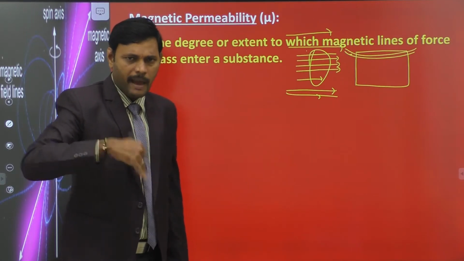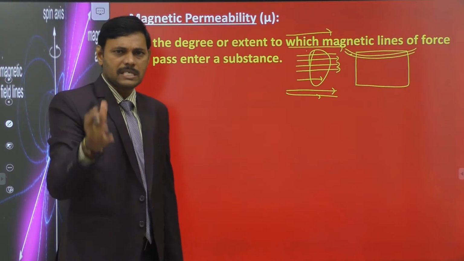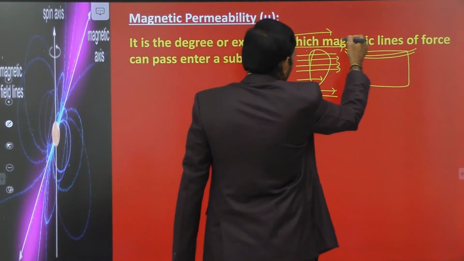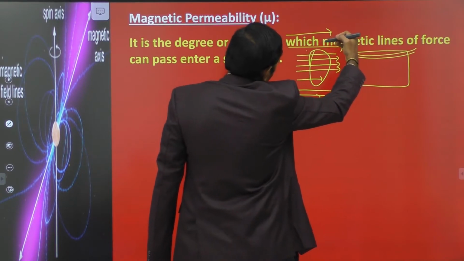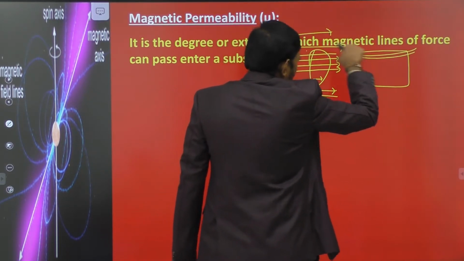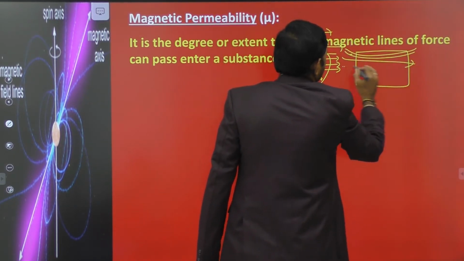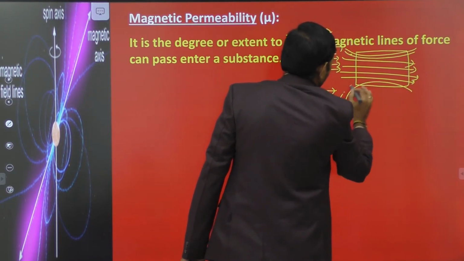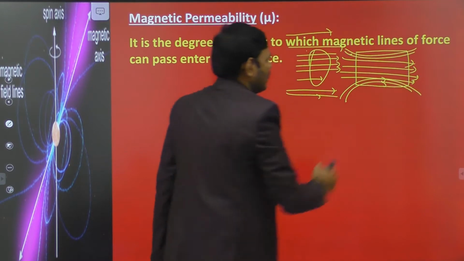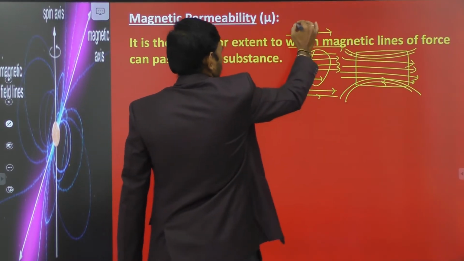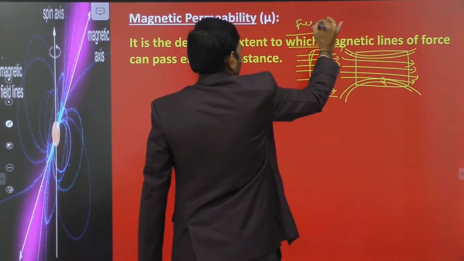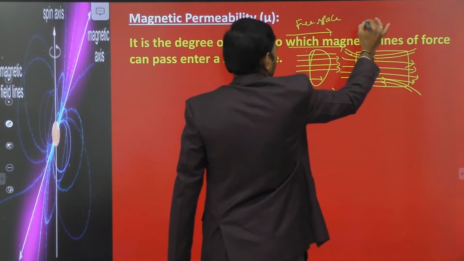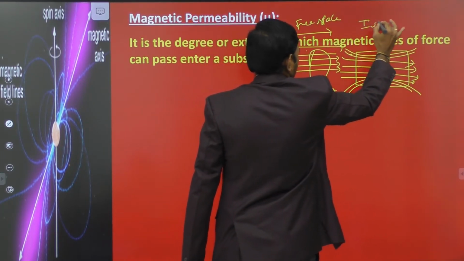by any magnetic material such as iron, nickel and cobalt, definitely the magnetic lines which pass outside may enter through them, as I have shown here. So the outside lines may have the possibility to pass through it for iron. This is free space. This happens for free space, and this is for iron or cobalt.